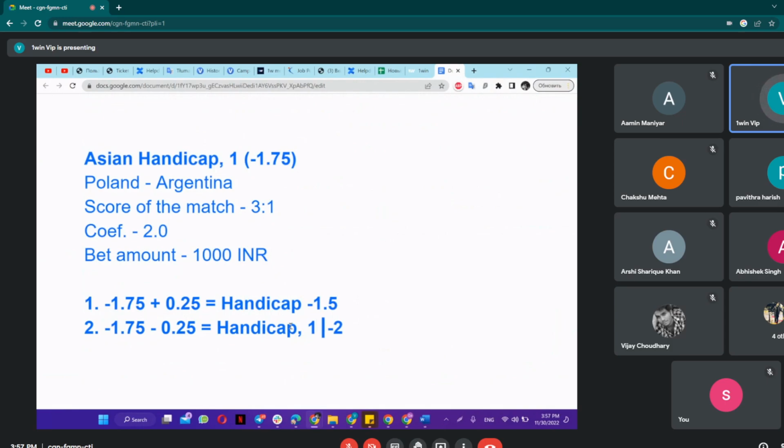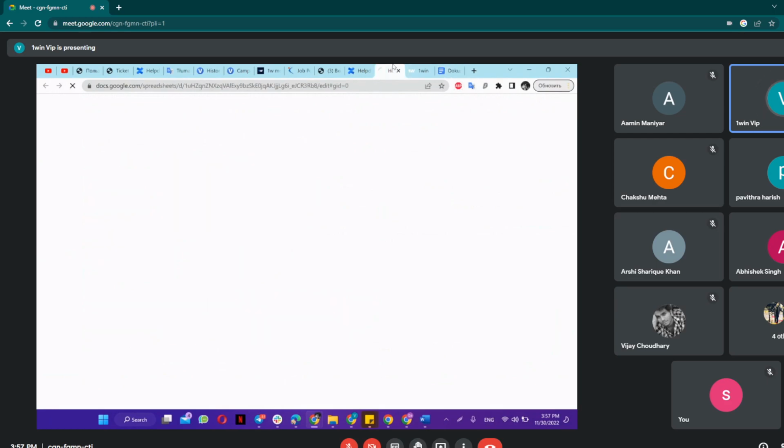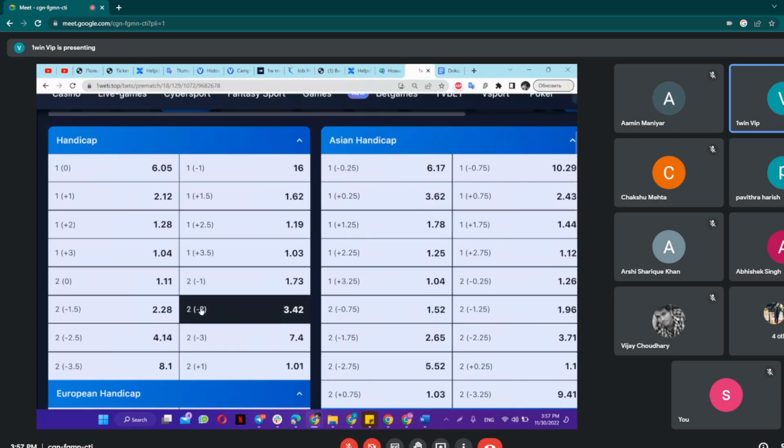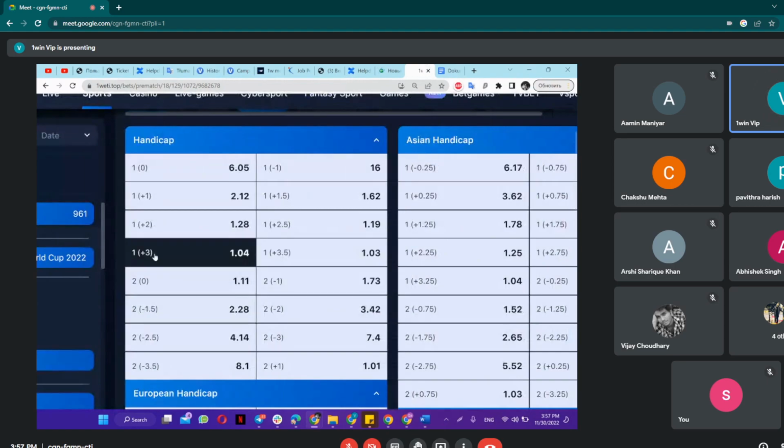Handicap first team, condition minus 2, condition minus 1.5. So we recalculated Asian handicap into handicap 1 minus 1.5 and handicap 1 minus 2. Back to the website, check in regular handicap.